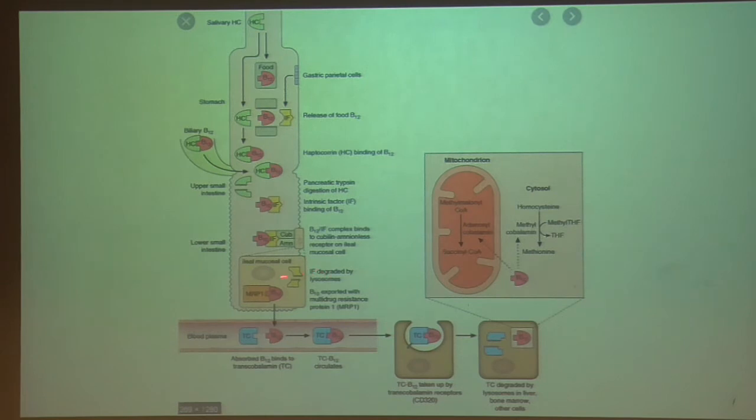When it's absorbed, intrinsic factor gets degraded and B12 is bound to transcobalamin. It's taken up by receptors and then enters into the cell. And the two places where B12 is important are in the mitochondria for the conversion of methylmalonyl-CoA to succinyl-CoA, and in the cytoplasm, as I've shown you before, where it's involved in the conversion of homocysteine to methionine. So that's what happens with B12 normally.